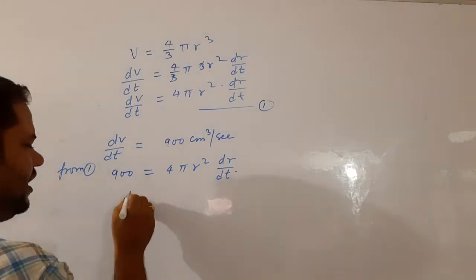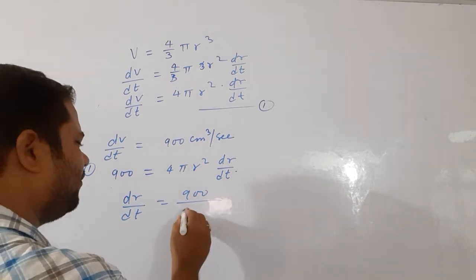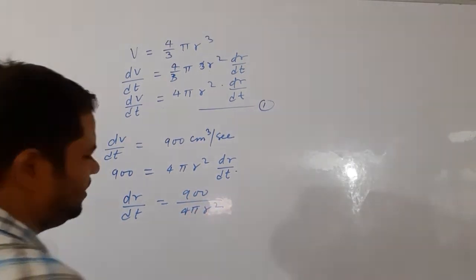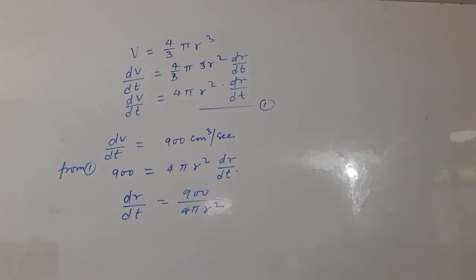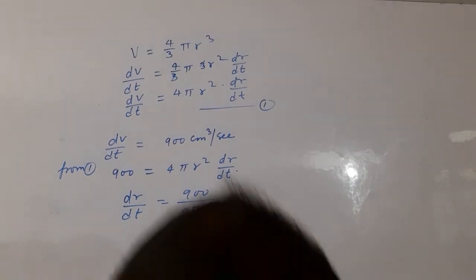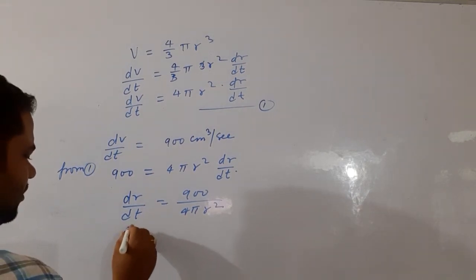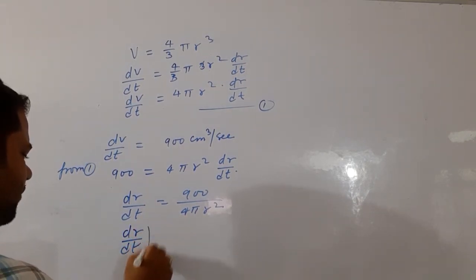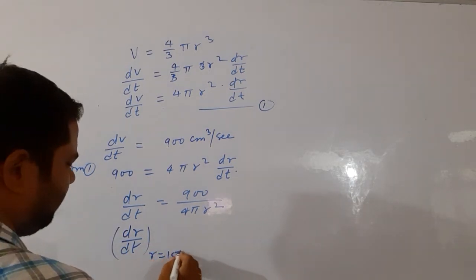So dr upon dt is 900 upon 4 pi r square. Now we need to find dr upon dt when r is equal to 15 centimeter.